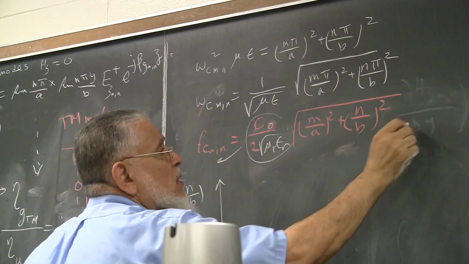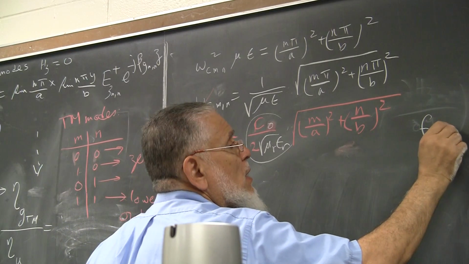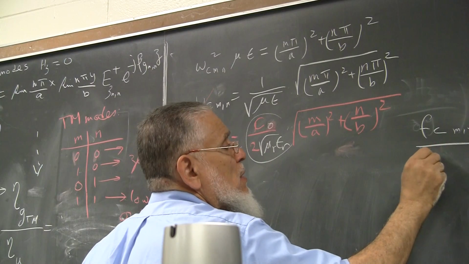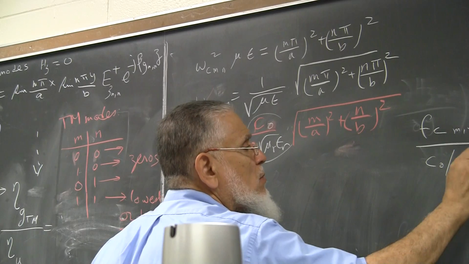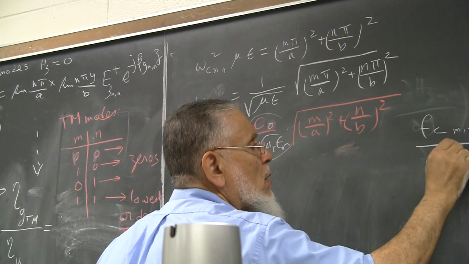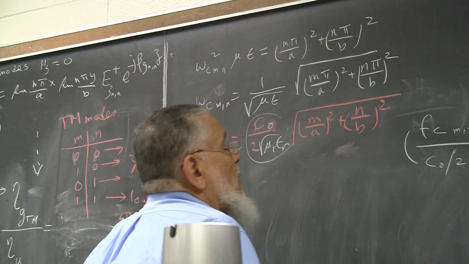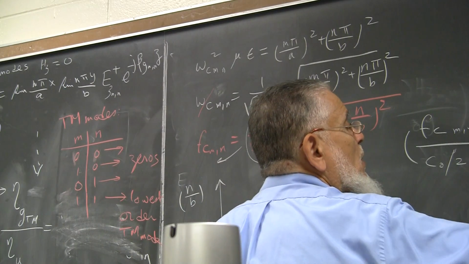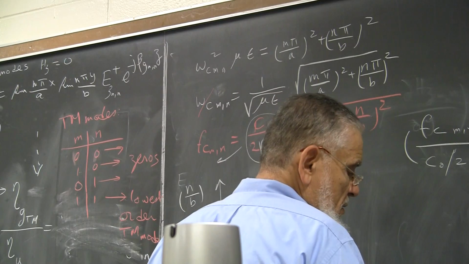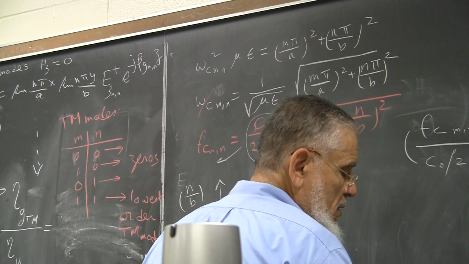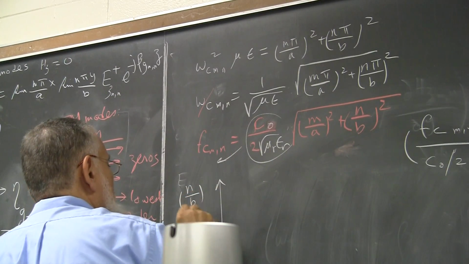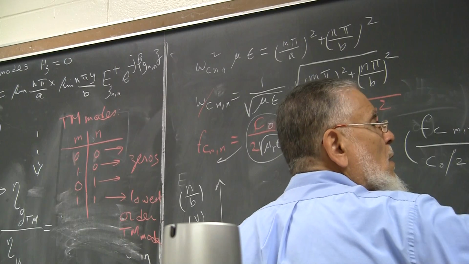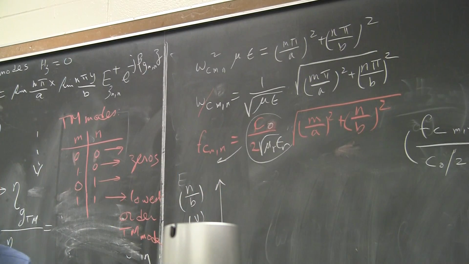So f sub c M N divided by c naught over 2 square root mu r epsilon is equal to the square root of the x-axis here, let's call it the horizontal axis, plus your vertical axis.